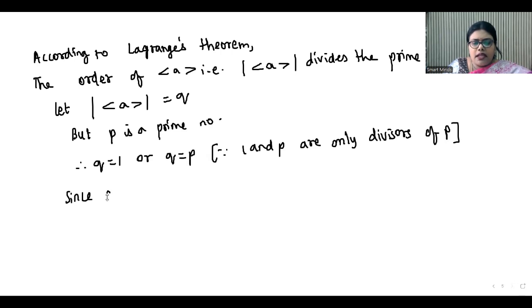Now, since A not equal to E, modulus of cyclic subgroup A is not equal to 1. So, modulus of cyclic subgroup A is greater than 1.